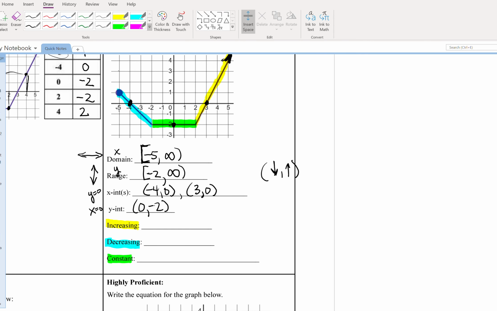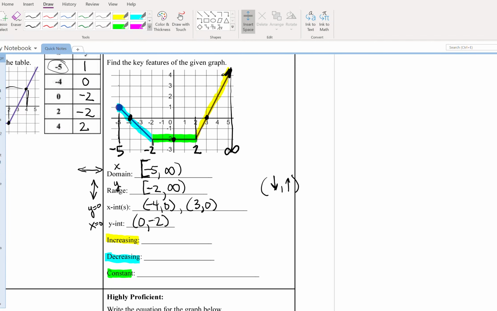And once again, here we want to just talk about what are the x values. So the x value here is -5. The x value here is -2. The x value here is at +2, and then over here on this side, it goes towards positive infinity because it has an arrow instead of just a dot. It continues.